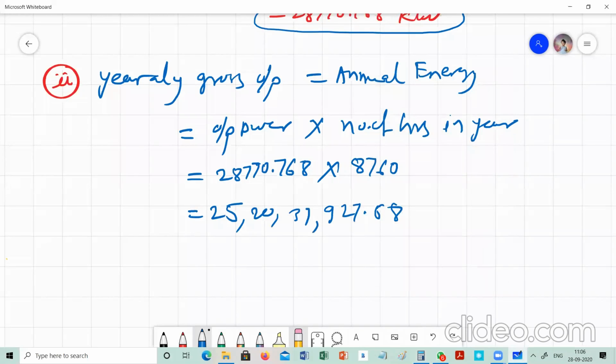This much energy in kWh will be generated.